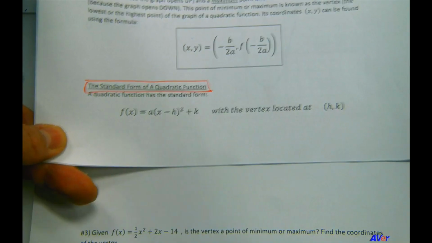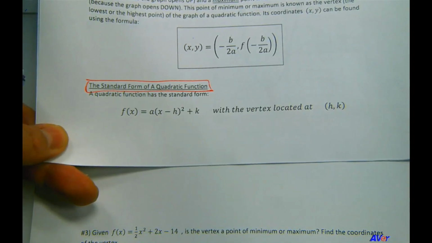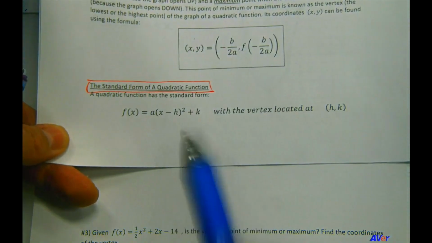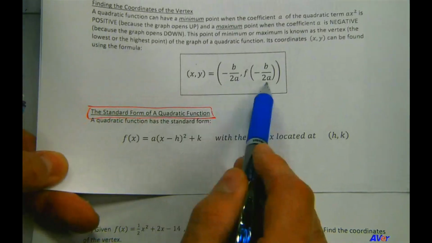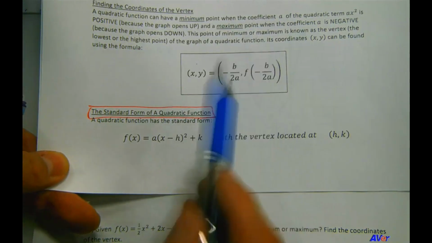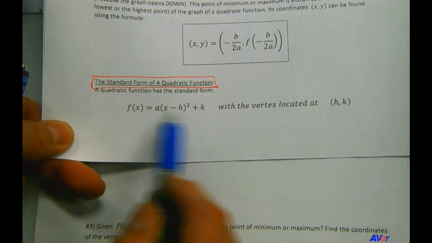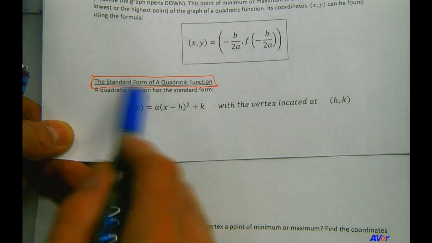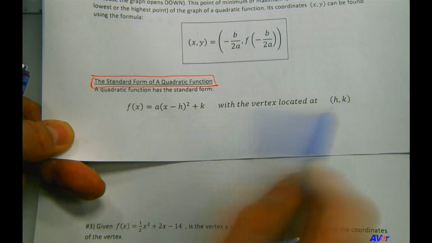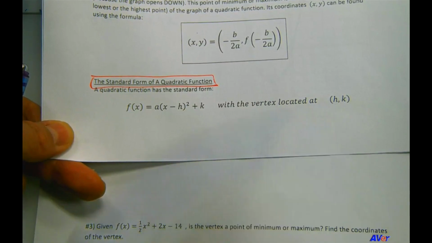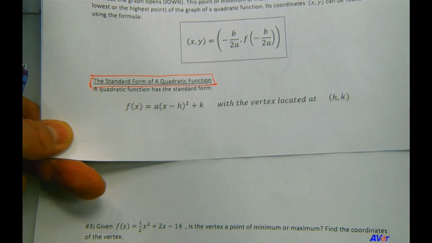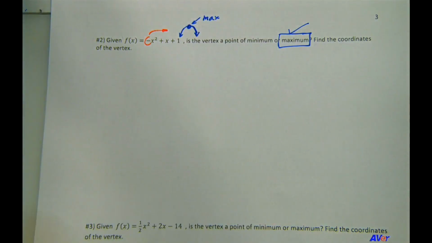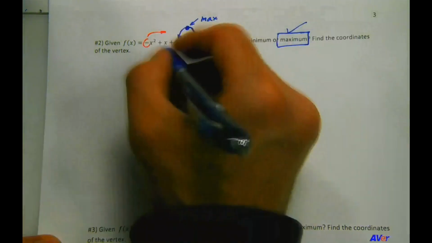So there are two ways: use this formula, or complete the square, and from the standard form you know what the coordinates of the vertex are.